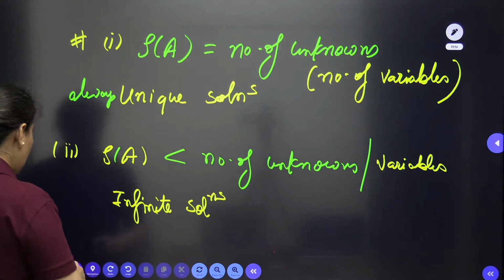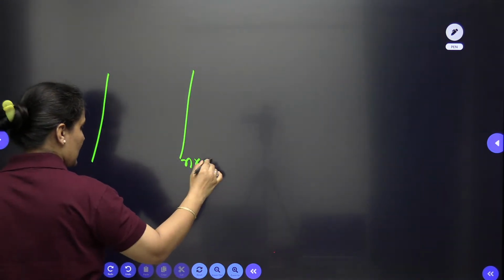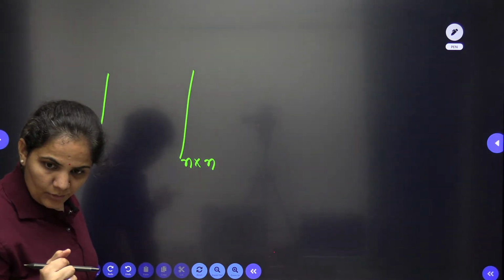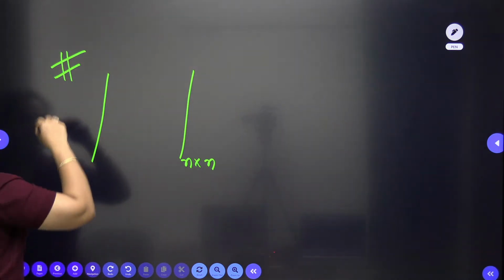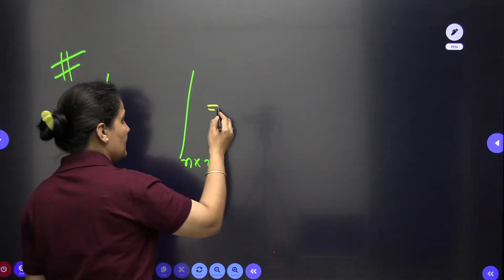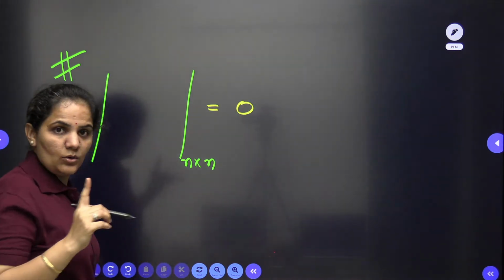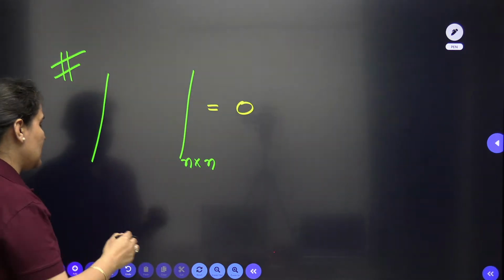One basic thing you need to understand, try to understand my point, this is very very important. Suppose I have an n cross n matrix and the determinant of this n cross n matrix is 0.